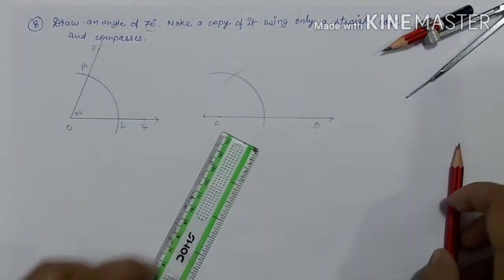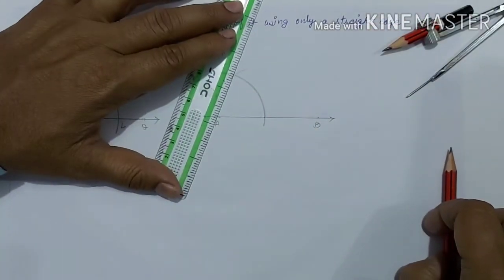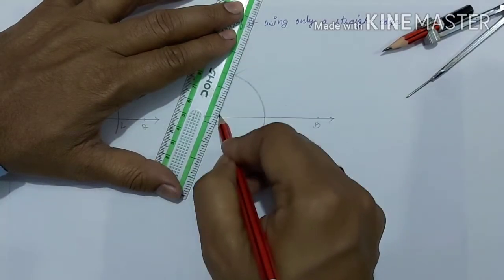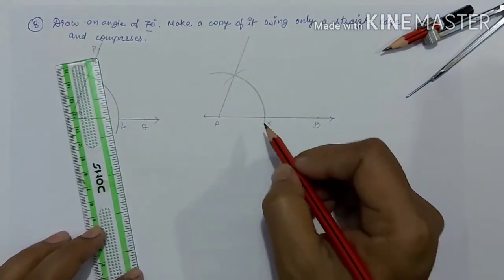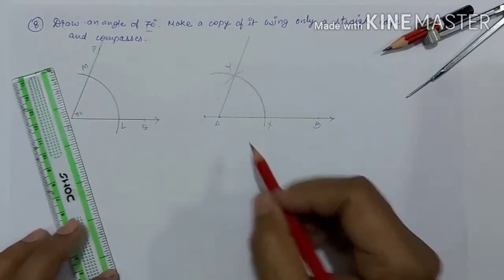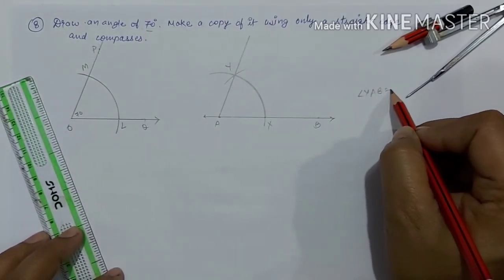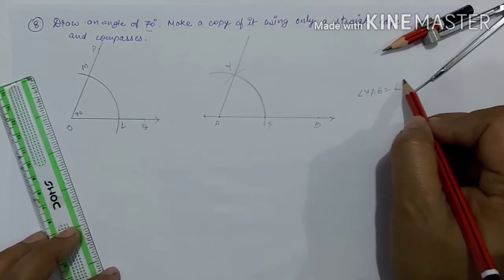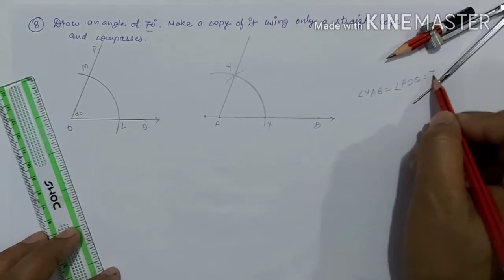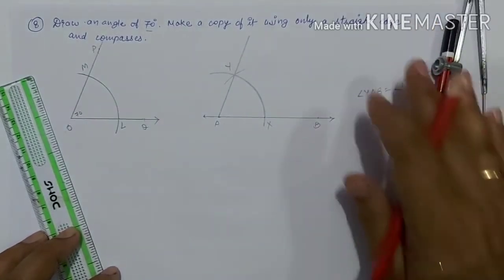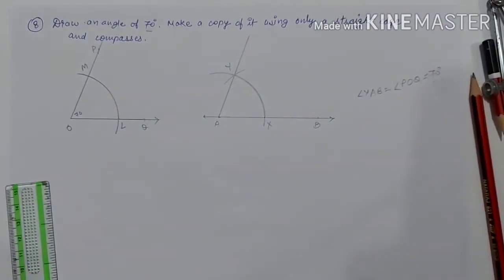Okay, now join the arc, and this is the point X, the Y. It means the angle YAB is equal to angle POQ, which is equal to 70. Okay, now write the steps.